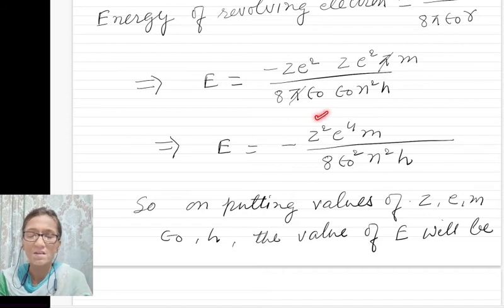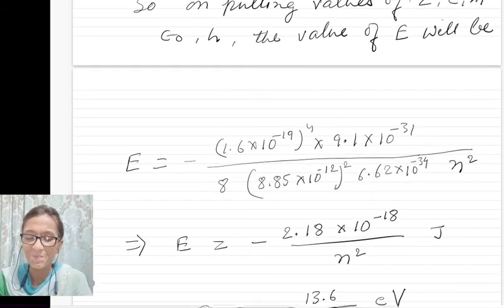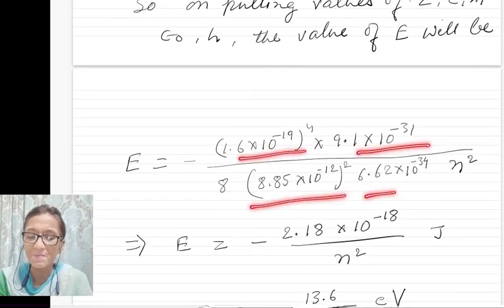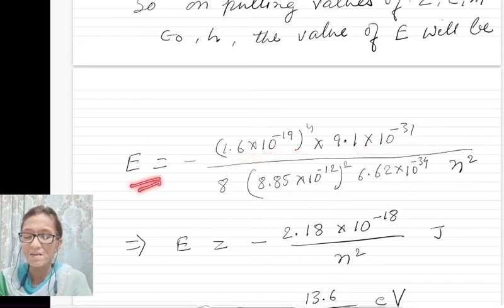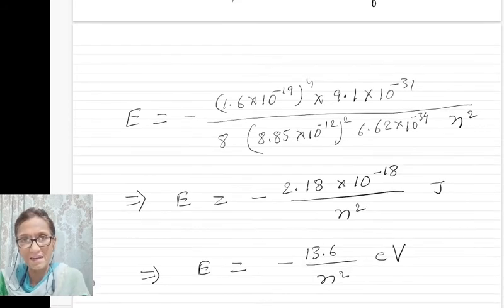So if you put value of Z, mass of electron, absolute permittivity and h, you can obtain energy of an electron in any orbit, in any stationary level.